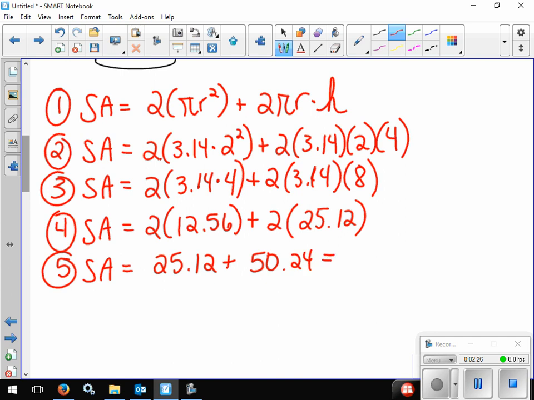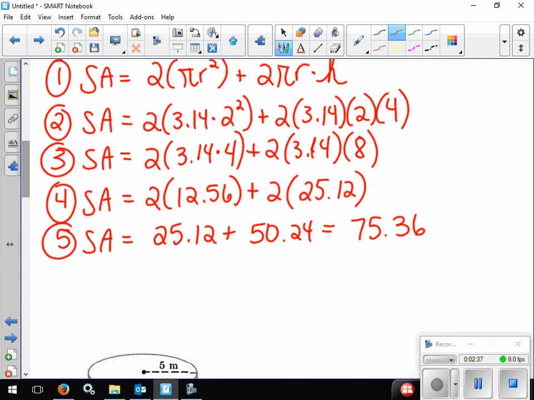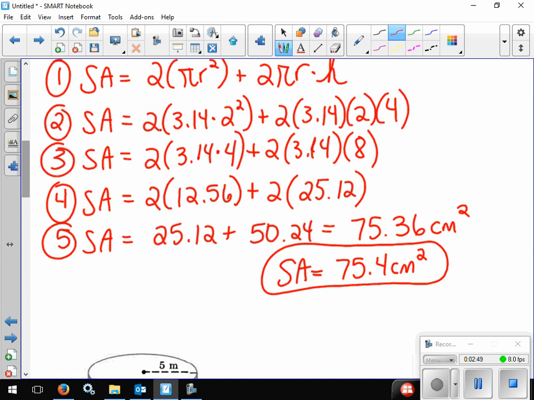Add those together, and you get 75.36, and that's centimeters squared, but I'm going to round this to the nearest tenth, so surface area is 75.4 centimeters squared. Okay, rounding to the nearest tenth. We always round to the nearest tenth, always, always, always.